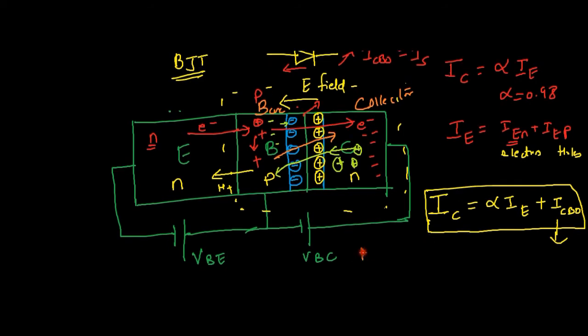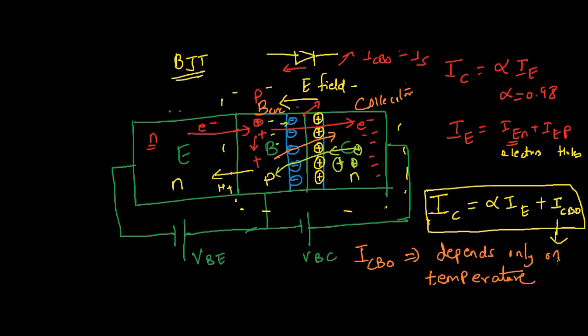Reverse saturation current ICBO depends only on temperature. For a given temperature it is constant, and for a given material, silicon or germanium, ICBO is constant. If temperature is increased, then this ICBO will increase.